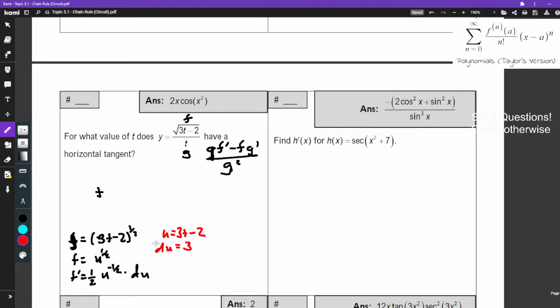So all we have to do is plug everything in to this. So we're still doing low d high, high d low. So we have this t, and then times f prime, which is 1/2 times u, 3t minus 2, to the negative 1/2 times du, which is 3.